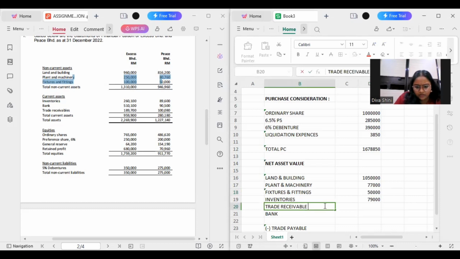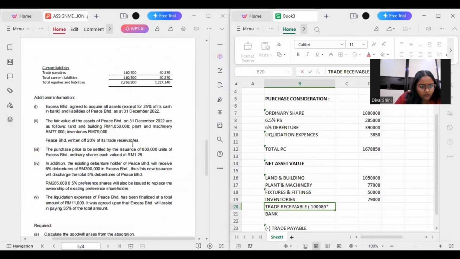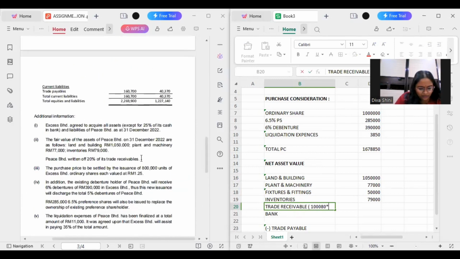For the trade receivable, we need to do a calculation. We take the trade receivable amount, 100,080, times 20% written off. So we minus the 20% from 100% and the remainder will be 80%.